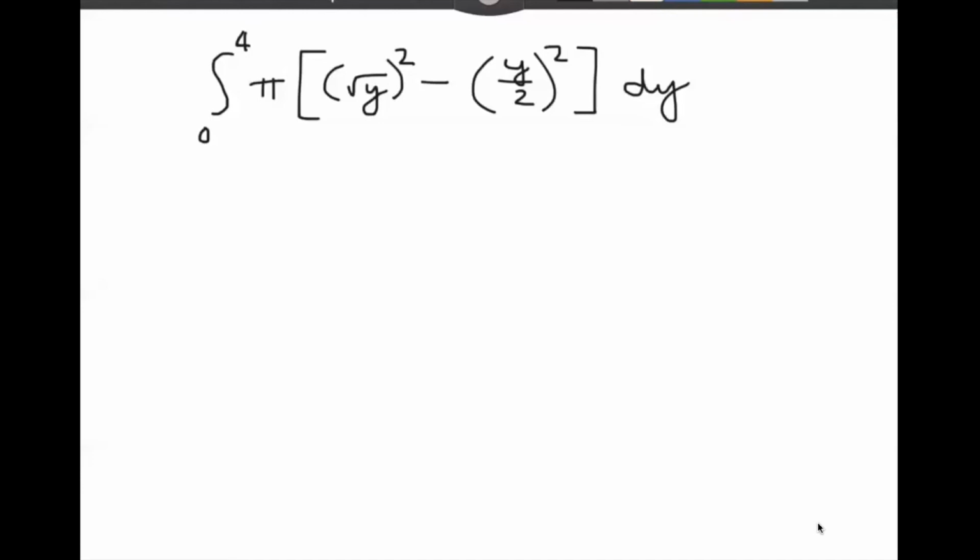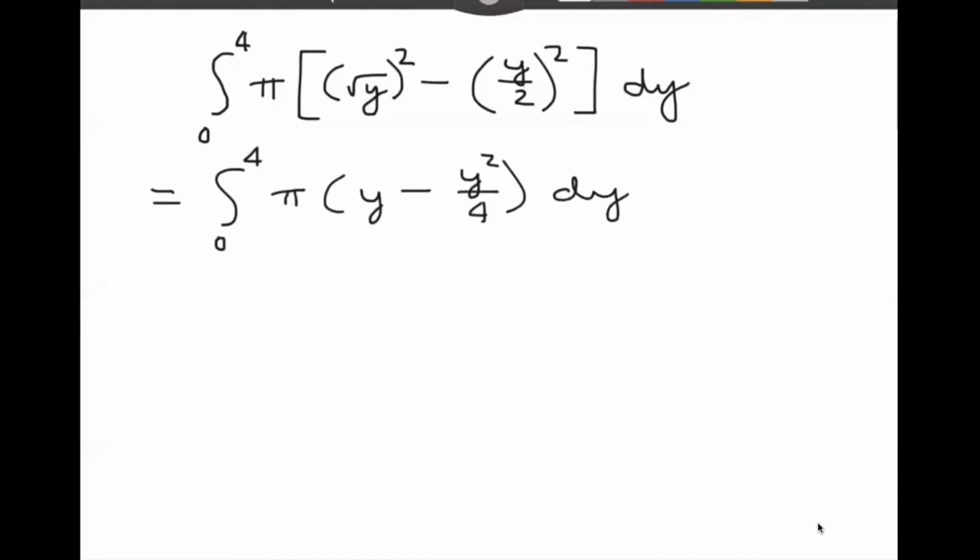All right, this one shouldn't be too bad. So first we'll square our big R of y and our little r of y, and that's going to give us y minus y squared over 4. Okay, so the antiderivative for y is y squared over 2.